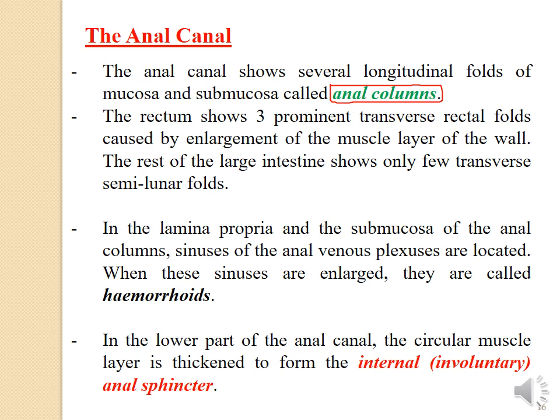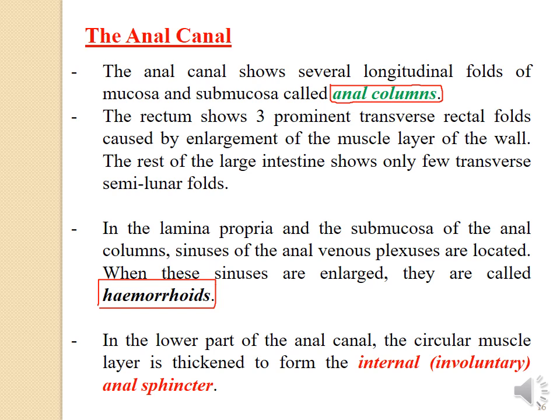In the lamina propria and the submucosa of the anal columns, we have sinuses of the anal venous plexuses. When these sinuses are enlarged, they are called hemorrhoids. So hemorrhoids are enlarged venous plexuses found in the anal columns.